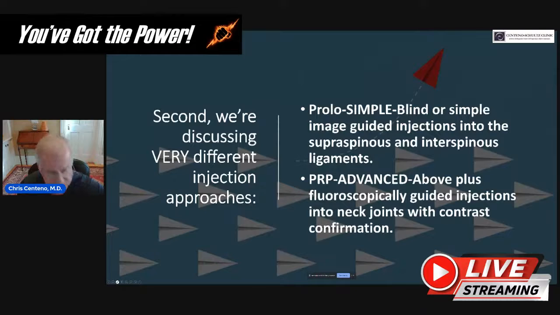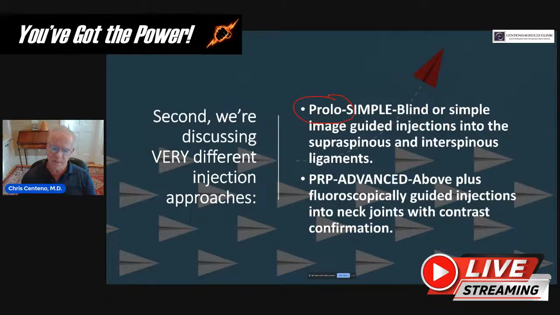Let me get a pen. If we're talking about Prolo, in general, and this doesn't apply 100% of the time, but let's say 90% of the time, you're talking about blind or simple image-guided neck ligament injections into the supraspinous and interspinous ligaments. And I'll show you visually what that is in just a little bit.